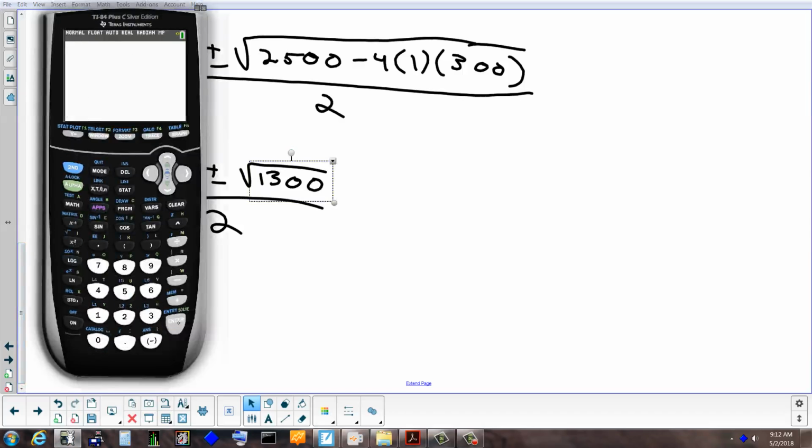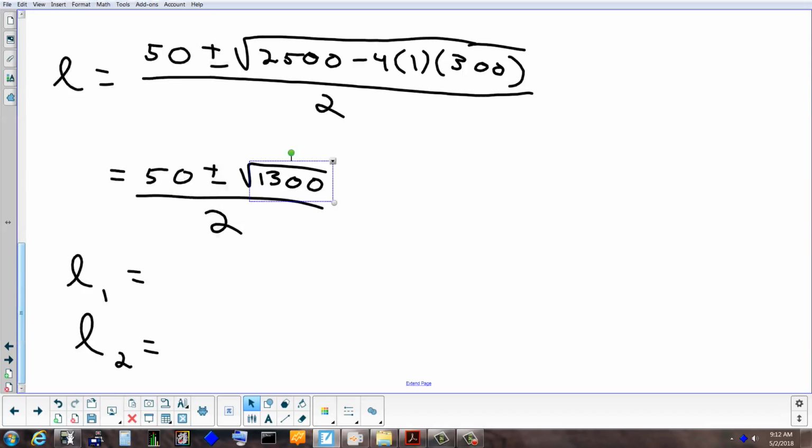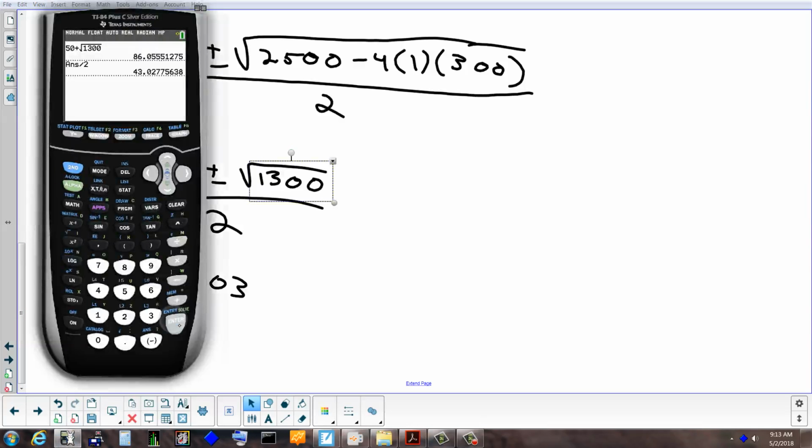Let's just do that first. Divide by 2. So I get a length of 43.03. Now we're a little off with rounding, so you'll see what's going to happen in a second, but I think you'll get the idea. Okay, now the other length is 50 minus the square root of 1,300 divided by 2.